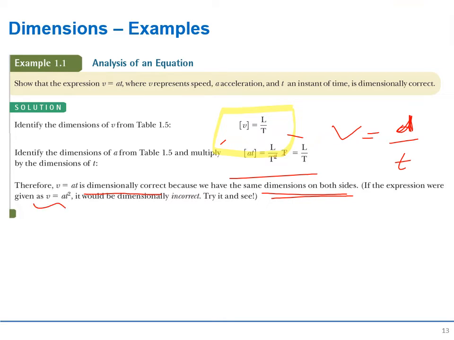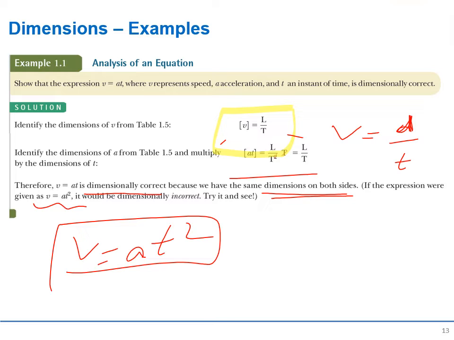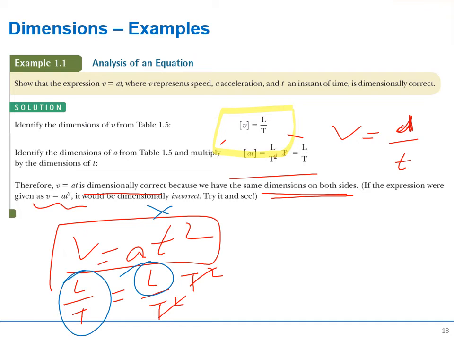But if you get the equation v equals a t square, then that would be dimensionally incorrect, right? Because for velocity you have L over T, for acceleration you have L over T to the power minus 2, and here you have T square, so you cancel. On the left hand side you have L over T, on the right hand side you just have L. So this equation is dimensionally incorrect.